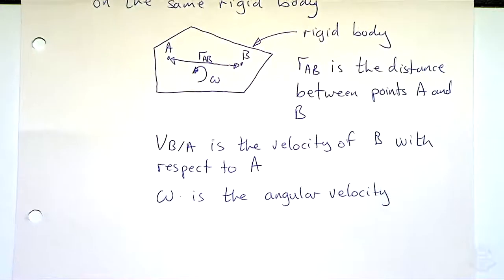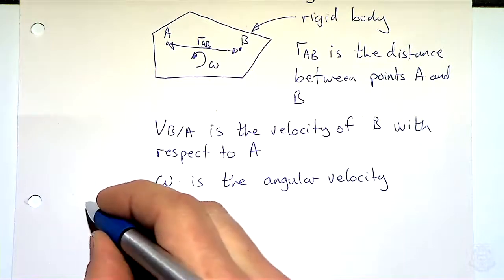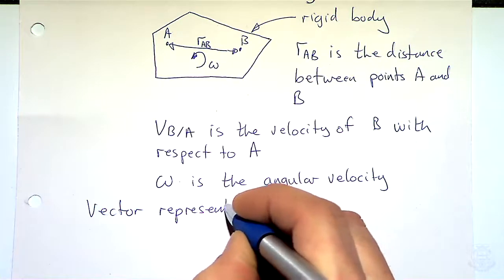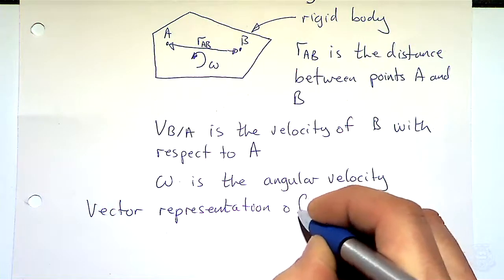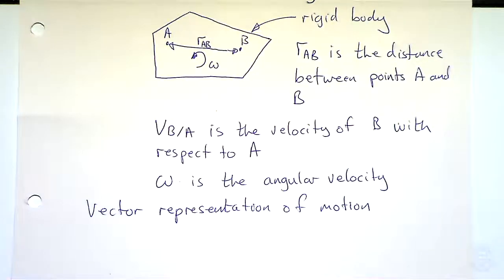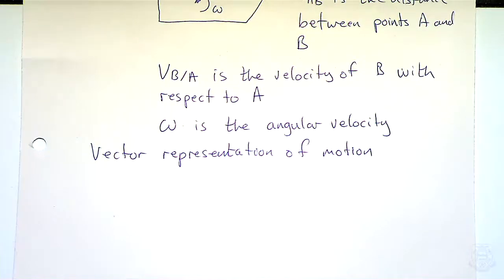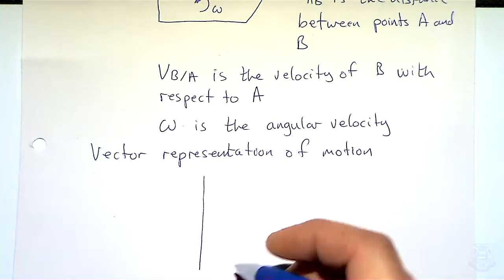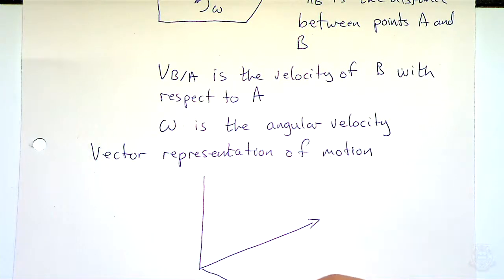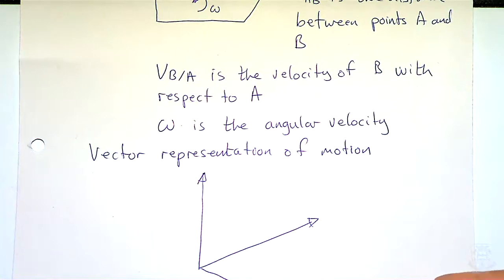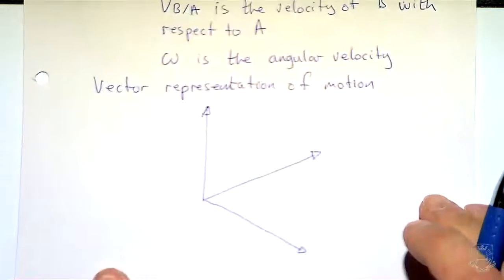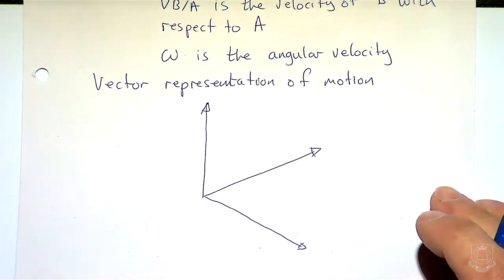For rigid body dynamics, we're going to use a vector representation of motion. So we're going to have a set of coordinates in a 3D space, and we're going to define them like this.